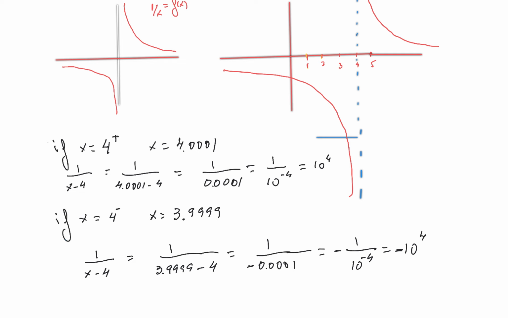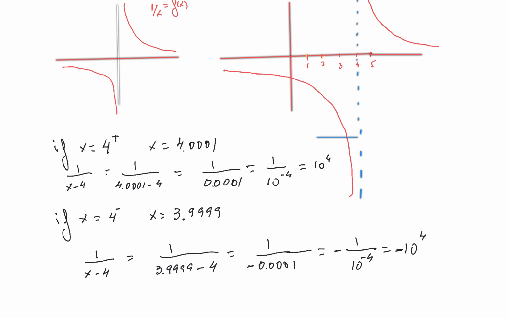What happens if x is 4 minus? If x is 4 minus, you are approaching from the left. So x is something like 3.9999. What will be the value of the function? It will be 1 divided by x minus 4, or 1 divided by 3.9999 minus 4. Now this is a negative quantity: 1 divided by minus 0.0001, or minus 10 to the 4.